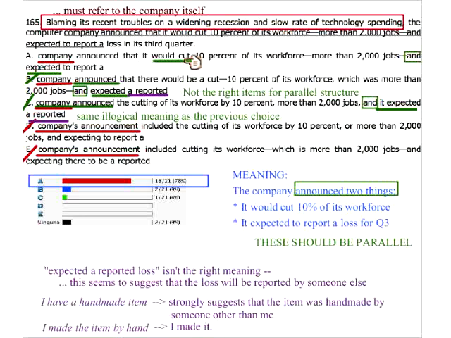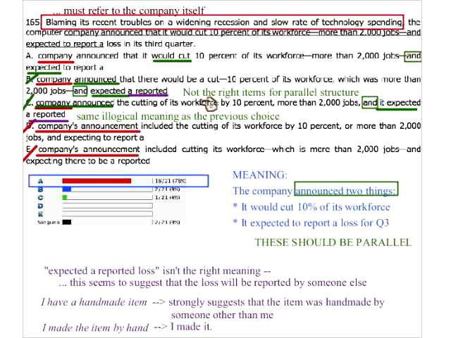Someone asked about "cutting." It's not incorrect. Again, it still has the same kind of issue as these other things that we've been talking about. Like, "they announced the cutting of its workforce" doesn't really convey the idea that they are the ones doing it. So you still have the same issue as these other things.